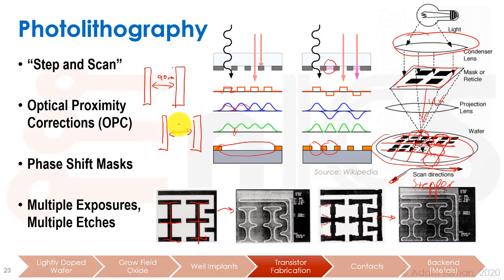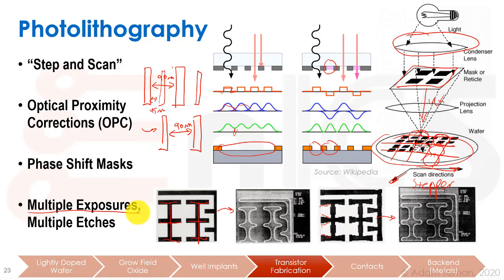And let's say that that's what we can do. Well, if we do it in two steps, but we shift this mask 45 nanometers from the first one, then what we'll get is, if this is made in the same place as this, our feature size will be 45 nanometers. That's called double exposure, okay?